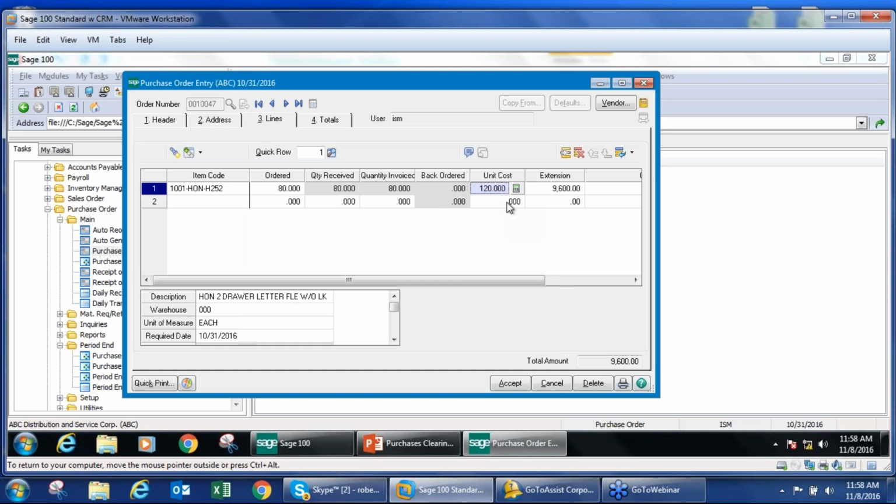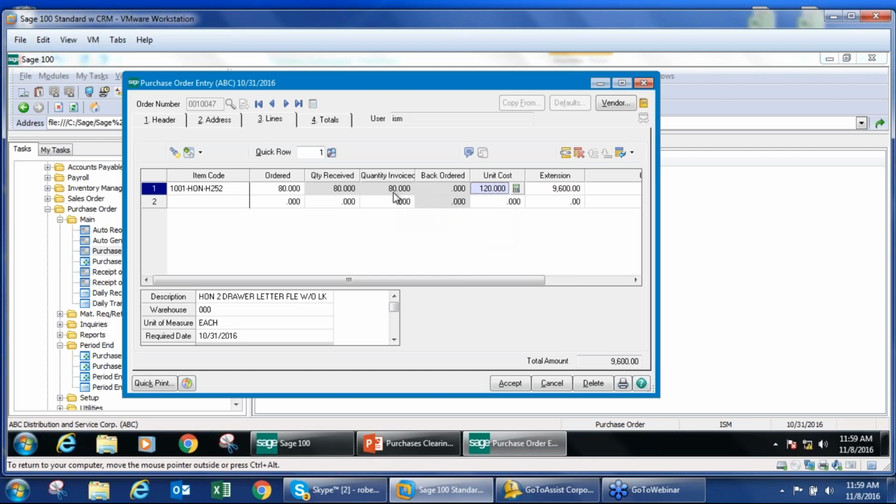Now, this is not an issue if you are receiving an invoice subsequent to receiving the goods, i.e., in this case, we received goods 40 units and we received an invoice of 40 units. Subsequently, we received goods from another 40 units and we received the invoice for another 40 units. Life is good.